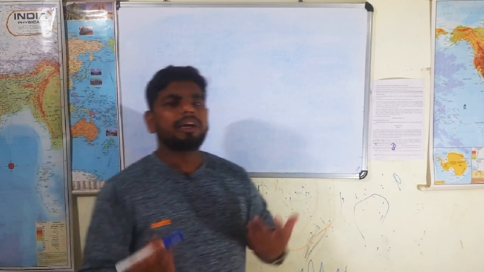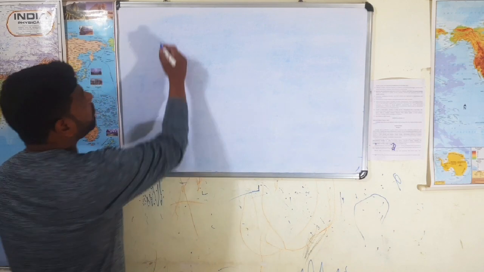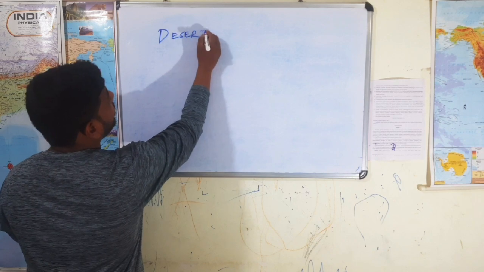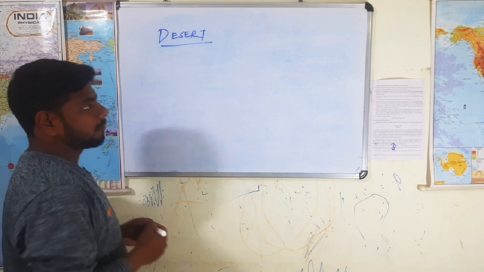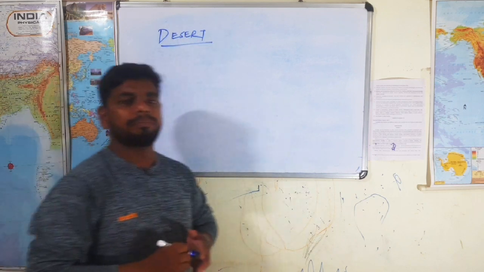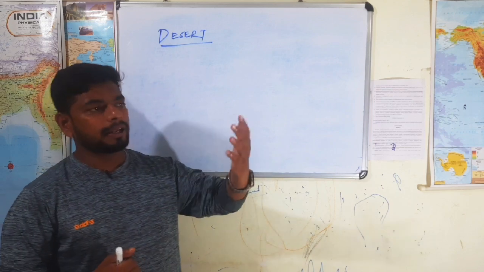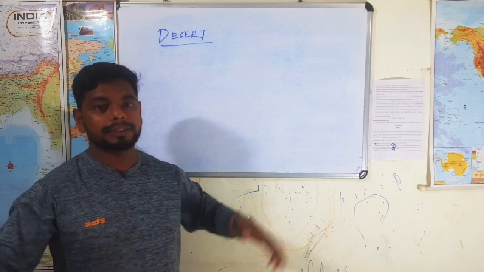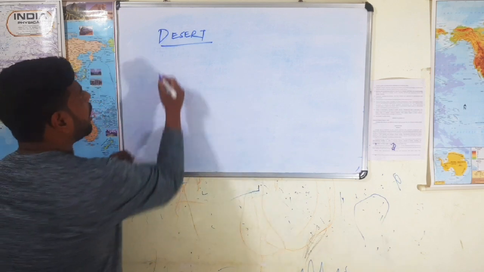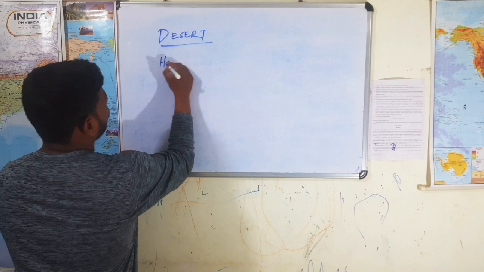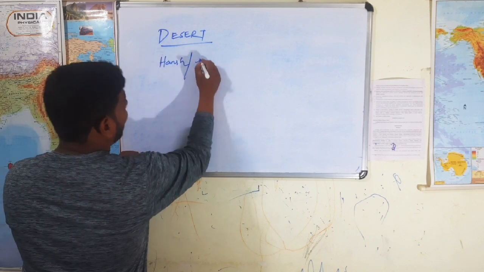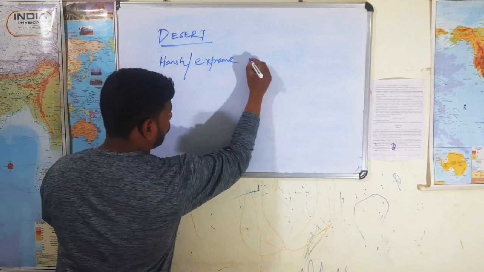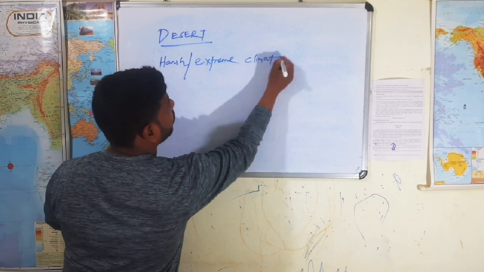But let me tell you a little bit about what we mean by desert, or what the various characteristics of desert are. Like we know plain areas and plateaus, a desert is a region, a land where a very harsh environment, extreme climate or weather, is found.